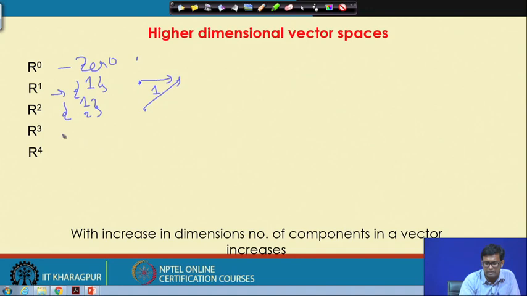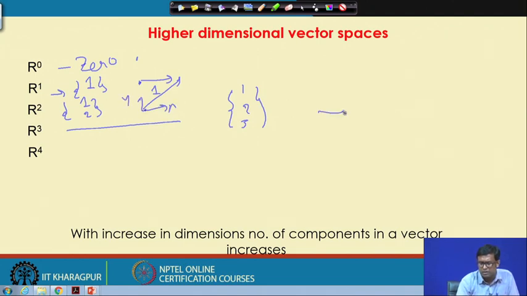So, a vector like this. Here we can write 1, 2, 3. So, this is x and y, I will write it, x, y and z. So, 1 along x, 2 along y and 3 along z. Something like this, a vector like this.